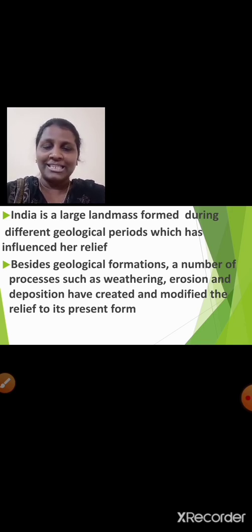Relief means mountains, valleys, etc. Besides geological formations, a number of processes such as weathering, erosion and deposition have created and modified the relief to its present form. Now let's learn about weathering, erosion and deposition in detail.